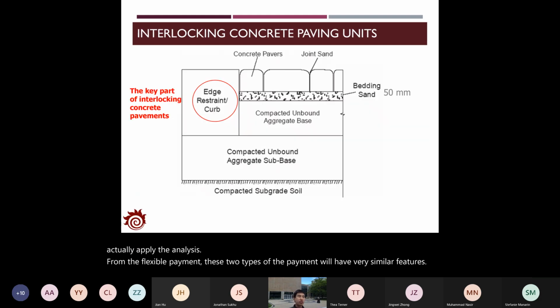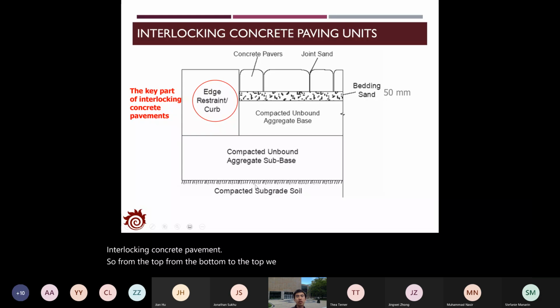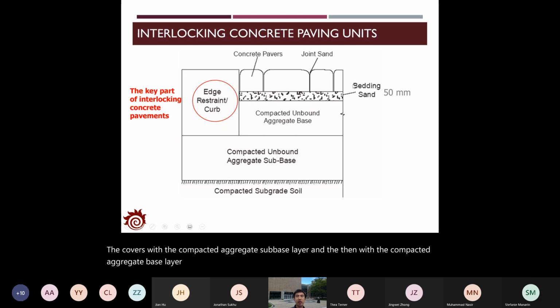And this figure shows the structure of the interlocking concrete pavement. From the bottom to the top, we have the subgrade soil, covered with the compacted aggregate subbase layer, then the compacted aggregate base layer, and some bedding sand.